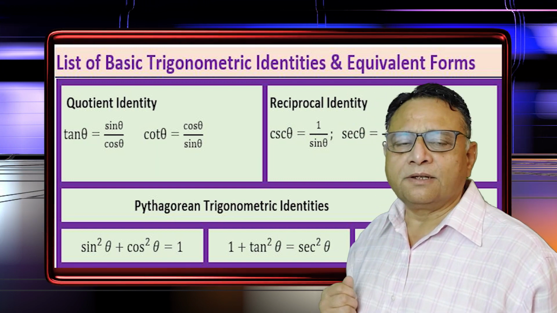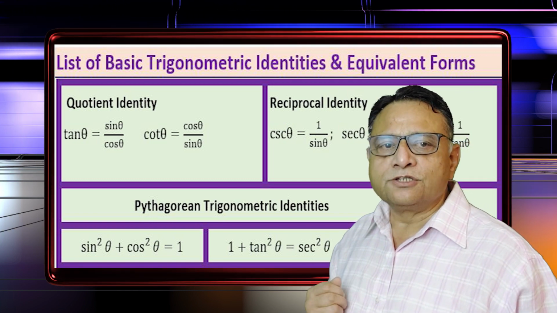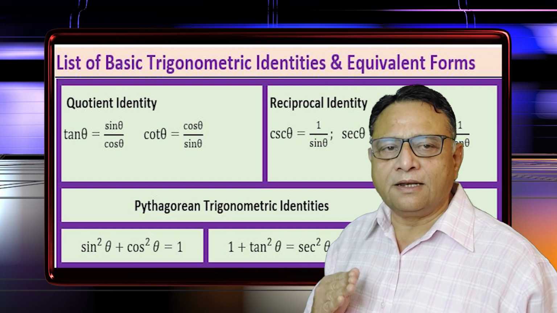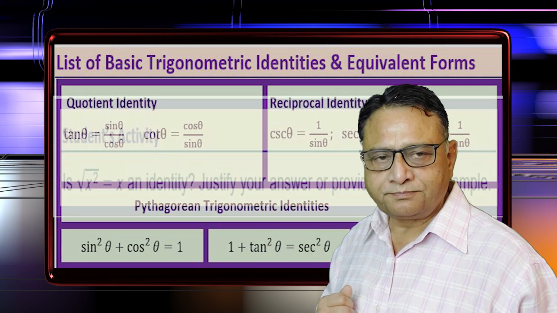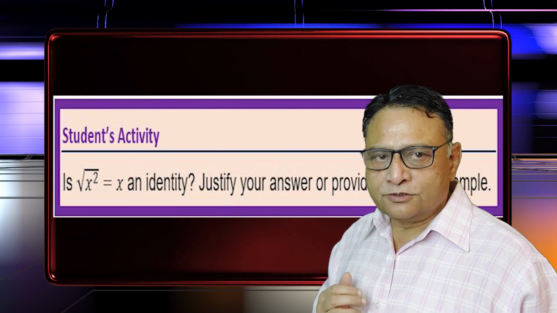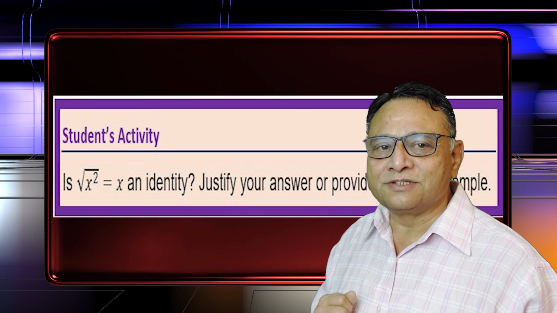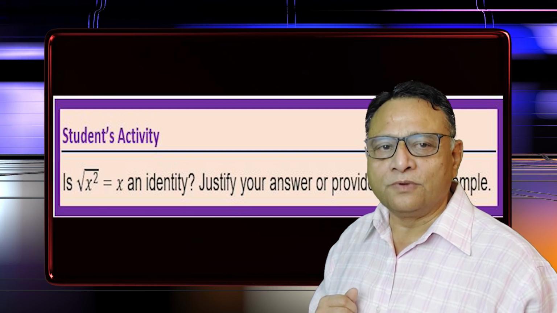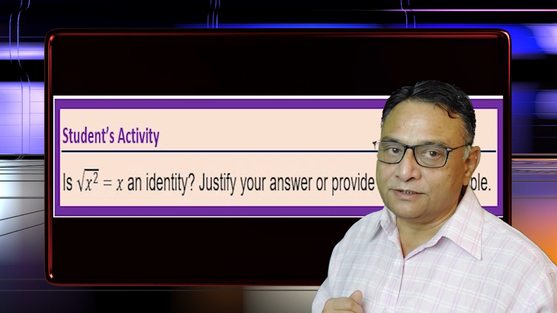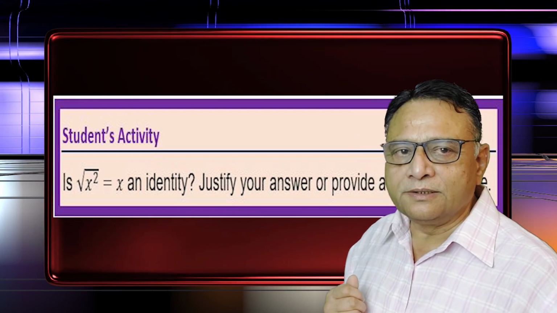The very first thing which we need to understand is that an identity is true for each and every value in the domain of the argument. So, there is a subtle difference between trigonometric equations and identities. Equations are true for few values, but identities are true for all the values of the argument within its domain.